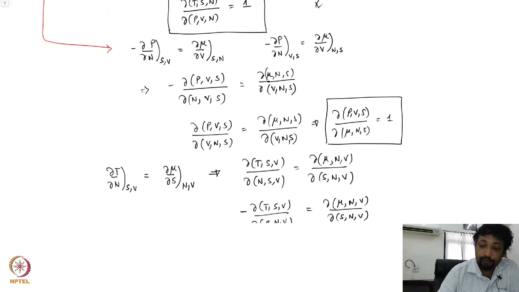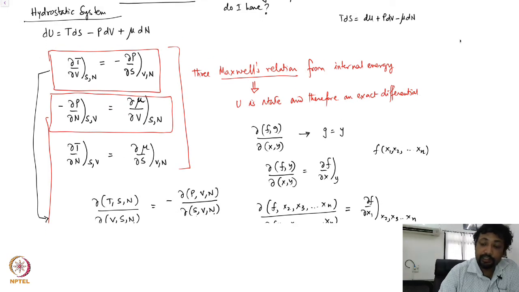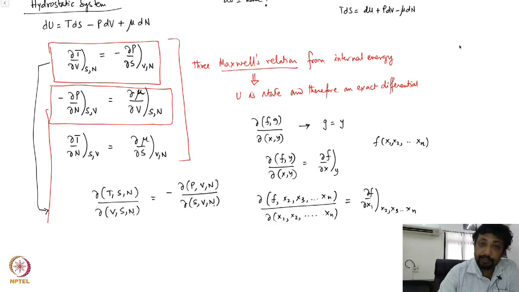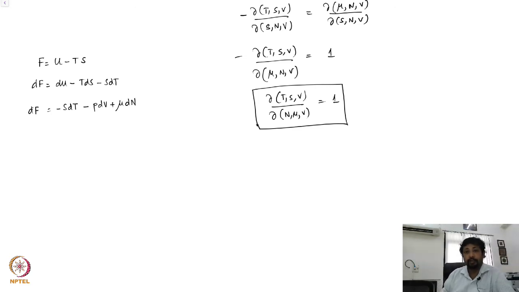And if you now follow the first law which we had written down on top somewhere, exactly, dU minus TdS is minus PdV plus mu dN. So this becomes minus SdT minus PdV plus mu dN. This was the differential of the Helmholtz free energy. So let's apply. F is also an exact differential. It's a free energy. It's derived from U by simply replacing the entropy with its conjugate variable T.